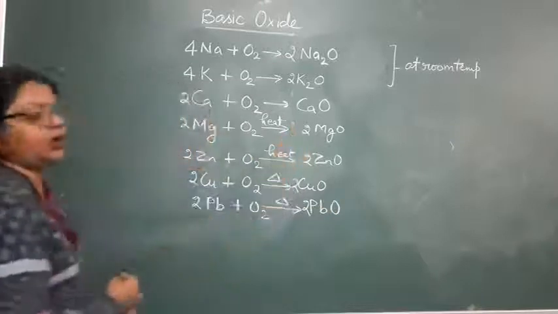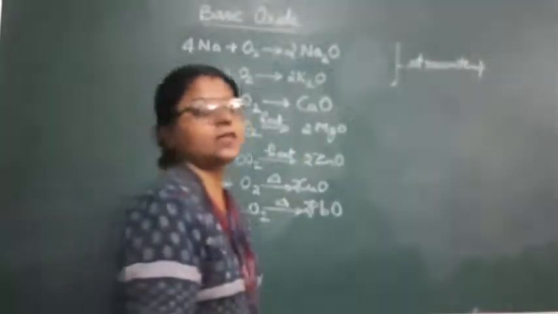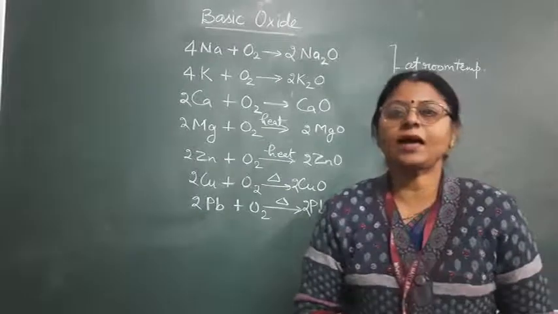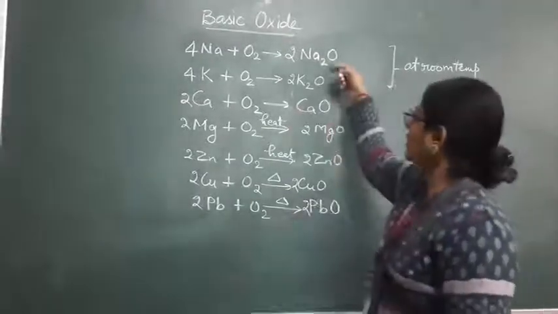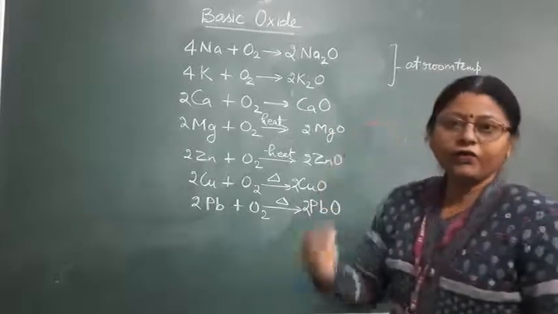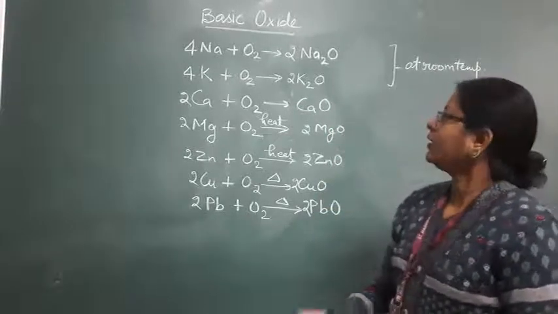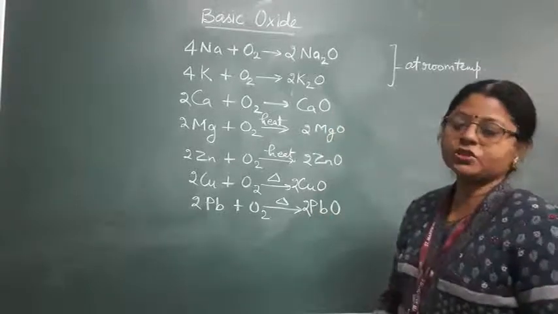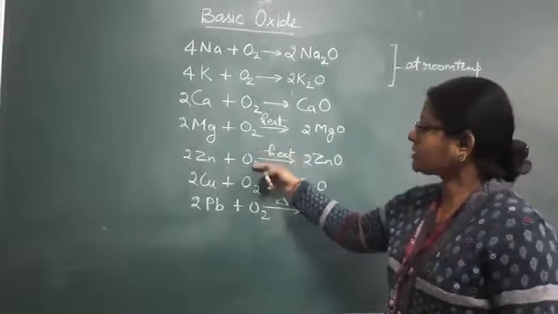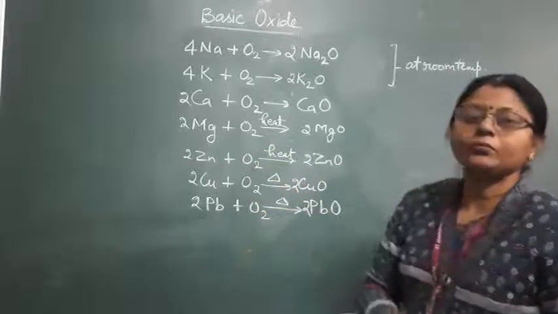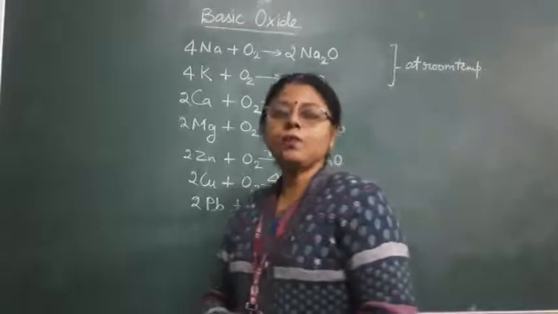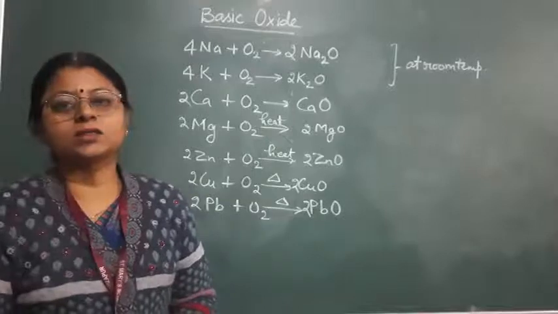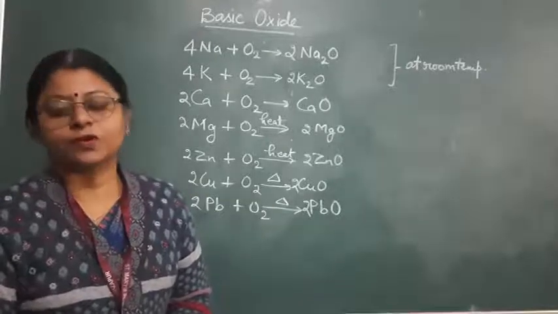So all these are the metallic oxides that form when oxygen reacts with metals at different conditions. Sodium and potassium react very vigorously. Calcium also reacts at room temperature to form calcium oxide. Magnesium, zinc, copper, lead, aluminium and mercury react with oxygen when we heat the metals in the presence of oxygen.